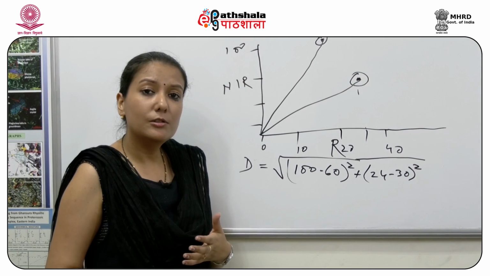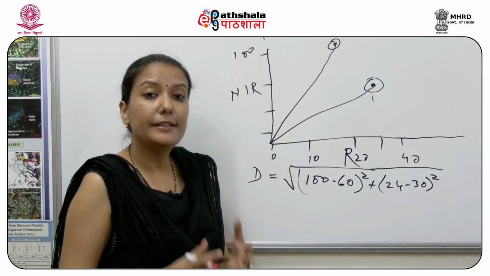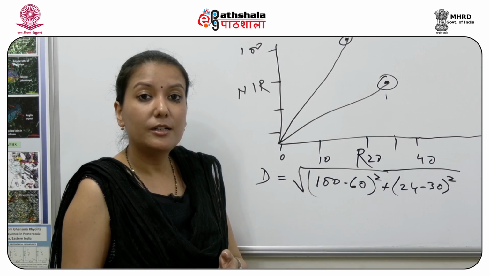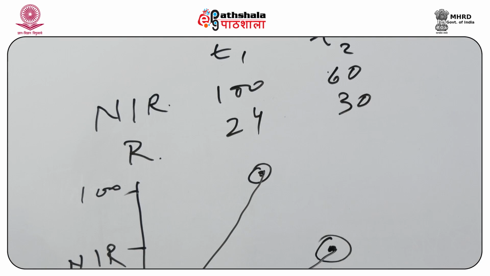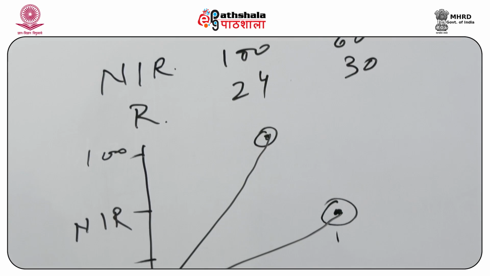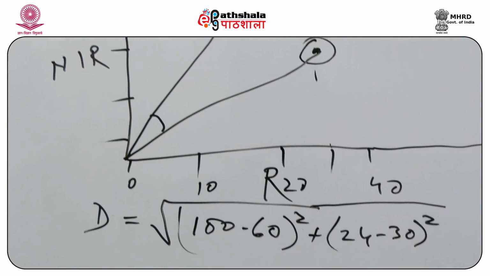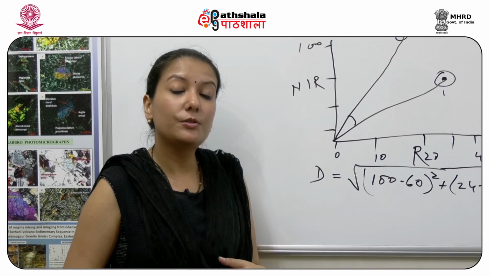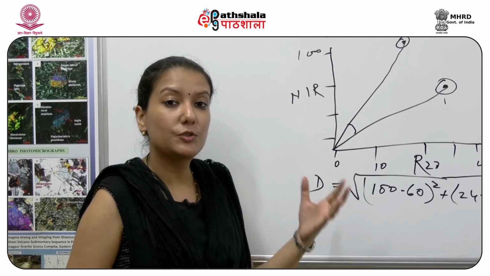How about if we also want to know what is the direction of that change? Implies if it's towards T1, if it's reducing in T2, or if it's increasing. So we provide an angle for this calculation and it tells the direction of the change in vector magnitude. Suppose you also want to know the change in direction for these two bands.